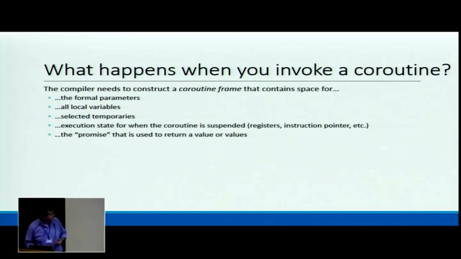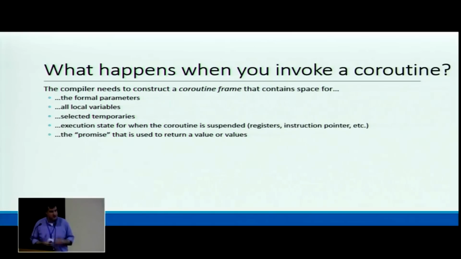It's going to create what's called a coroutine frame that has room for all the formal parameters, all the local variables, and selected temporaries, if there are any temporary expressions that may need to survive across a suspension point. It also has to be able to store the execution state for whenever the coroutine is suspended.